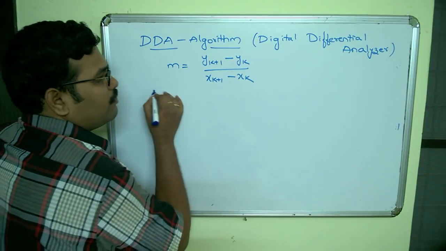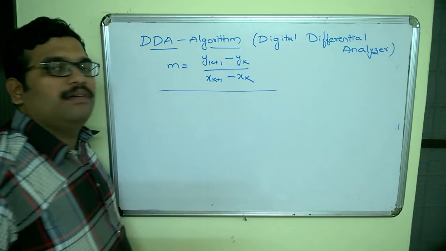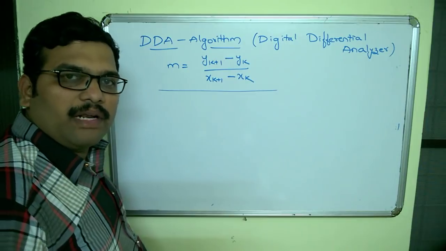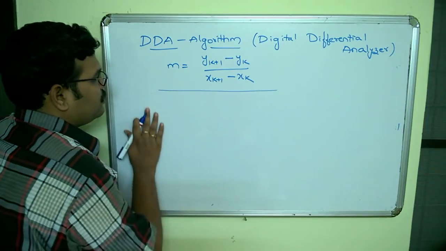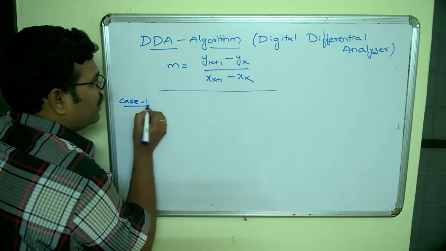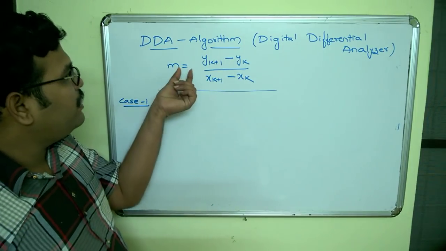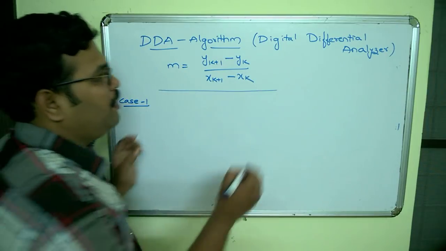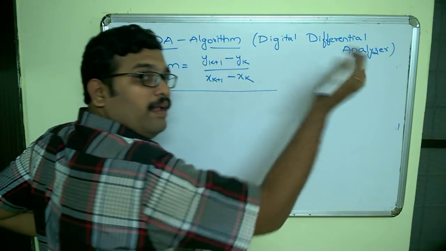In this DDA algorithm, we have to remember 3 cases. First, we have to find out the slope m between the starting point and the ending point.